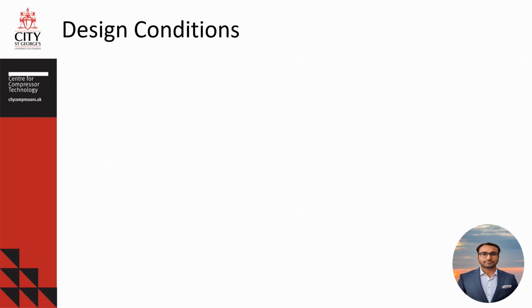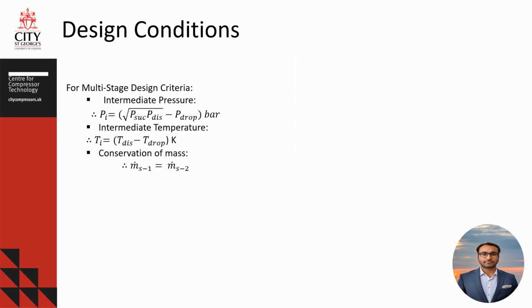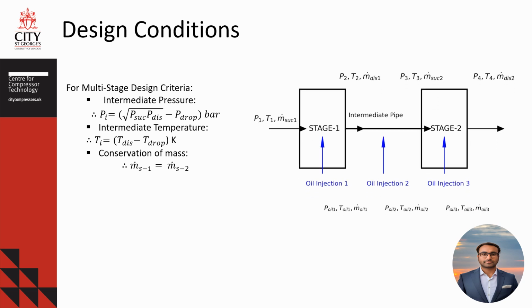The design conditions for multi-stage screw compressors are the intermediate pressure, the intermediate temperature, and conservation of mass. The intermediate pressure is typically the geometric mean of the suction and final discharge pressures.